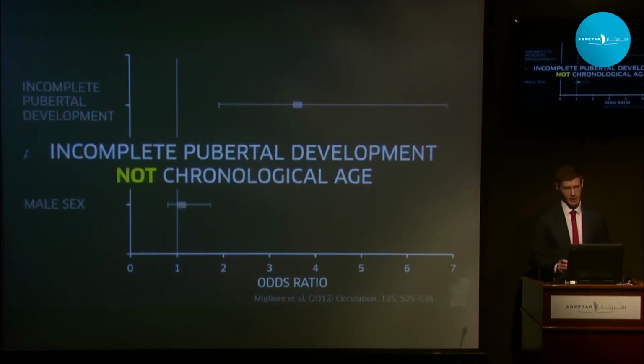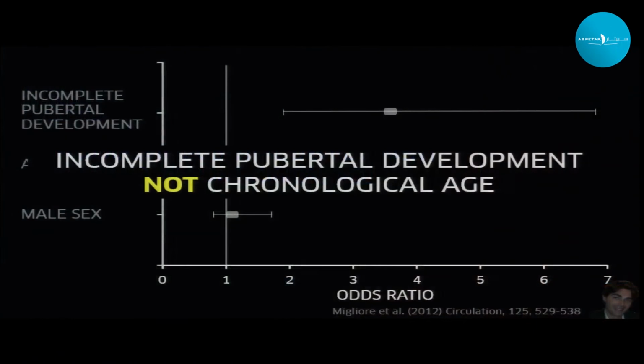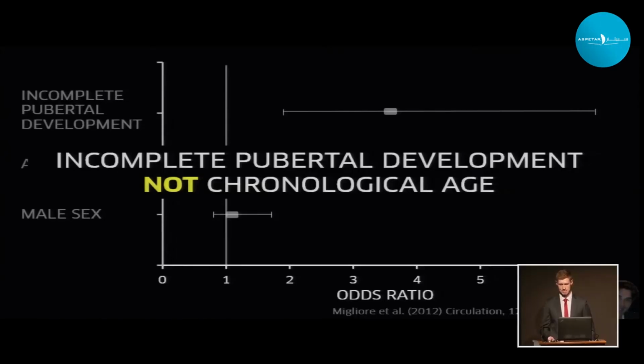But incomplete pubertal development here was assessed by Tanner staging. Tanner staging is considered by many to be invasive, and there are child protection concerns here. So what else could we maybe use to try and determine maturation or indeed biological age here?